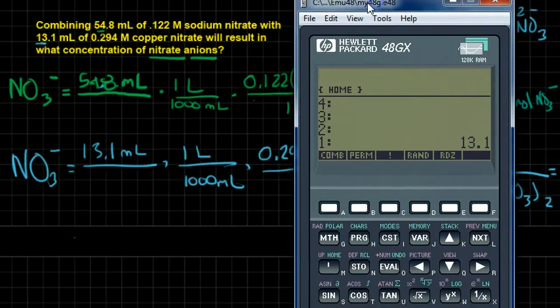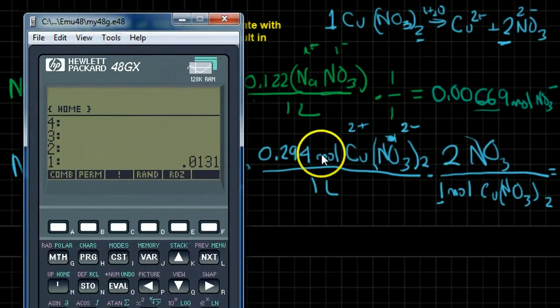Actually, I will bring it in. Okay, times the molar value, which is 0.294. And times the molar ratio, which is 2 to 1, so that's going to be 2 times.